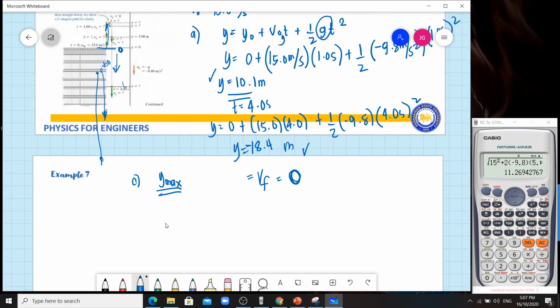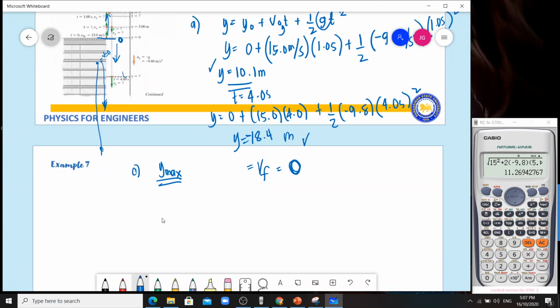Okay? So, paano natin makukuha yan? Meron tayong formula na, diba, Vf is equals to V0 plus at. Okay, ito ang initial natin ay 15.0 meters per second plus negative 9.8 times t.